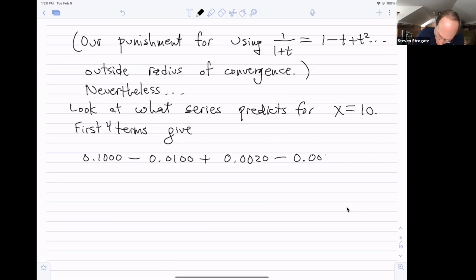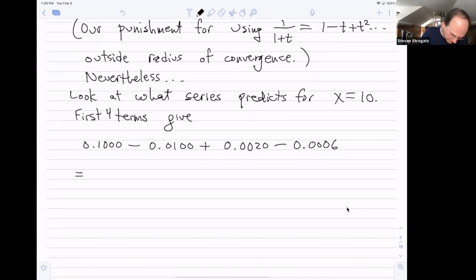So 0.0006. And if you add that up, you get 0.0914. So that's our prediction for f, this integral that we're trying to understand, evaluated at x equals 10.